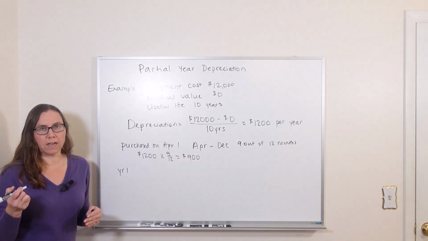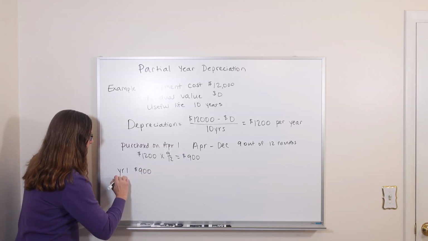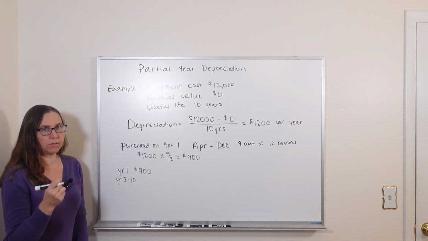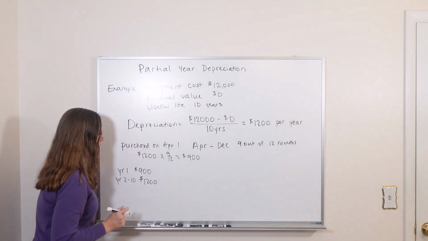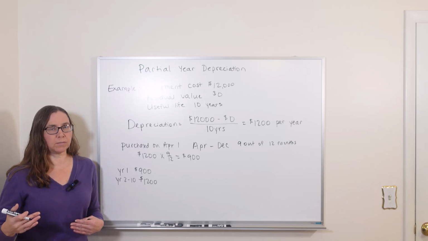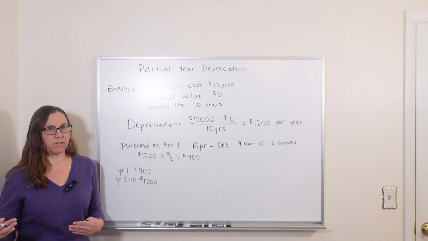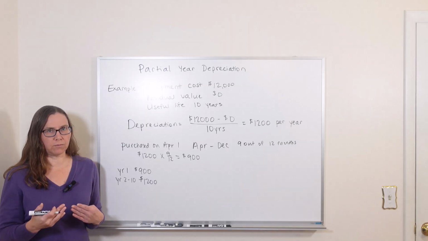Okay, so what would happen in year one? They would depreciate the asset for $900. And then years 2 through 10, they would depreciate for the full $1,200. And what's going to happen in this situation is they're still going to have a little bit left to depreciate in the 11th year. So I'm going to actually write out all the years so you can see exactly what I mean.